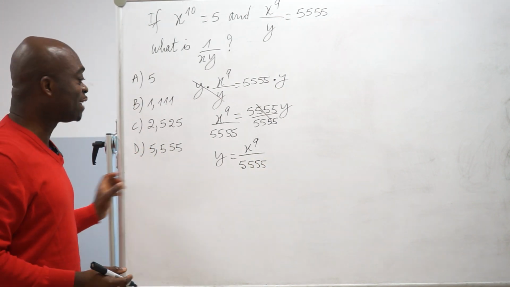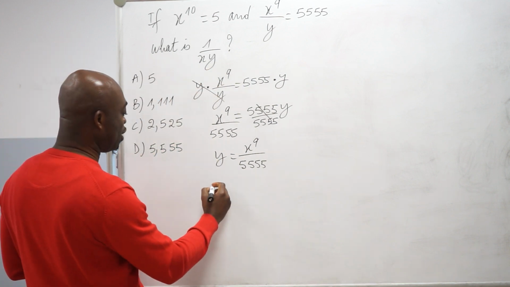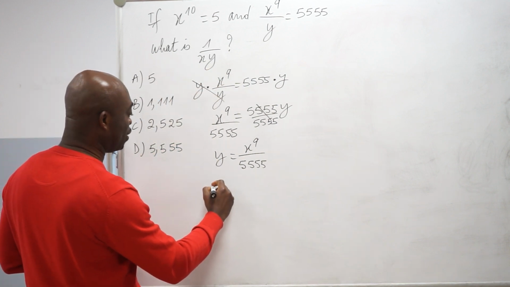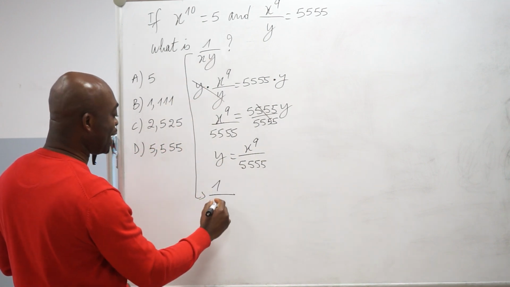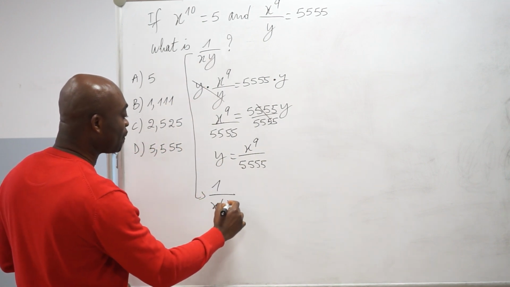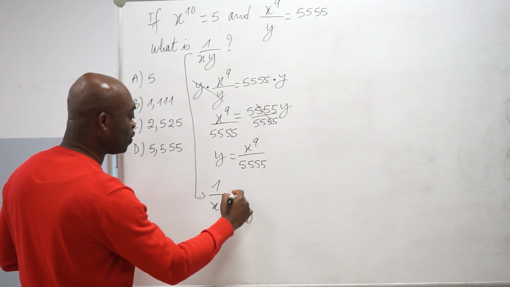So what can we do with that? We can take this now and plug it in here. So we end up with 1 over x times x^9 over 5555, okay?